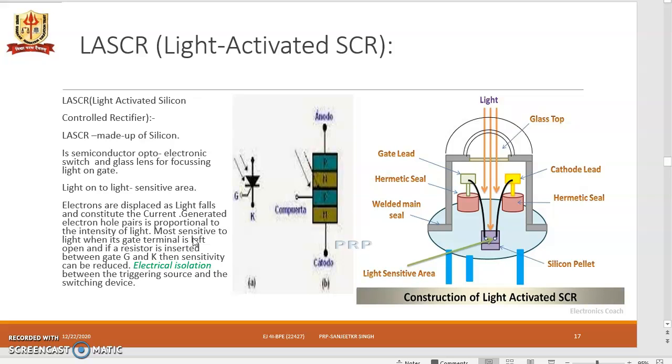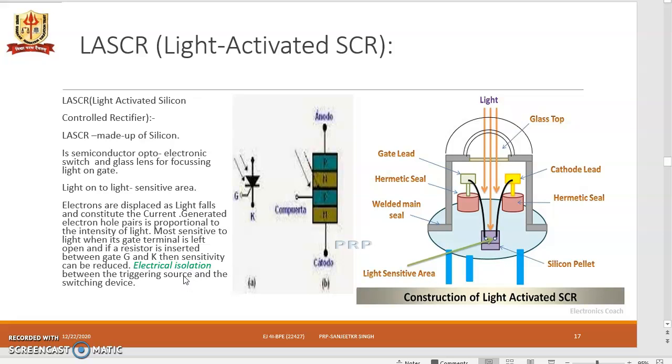It can be made more sensitive if we leave the gate terminal open and insert a small resistor between the gate and the cathode. If a small resistor is inserted, then the sensitivity of the silicon pellet, or the LASCR, can be increased. Now, what is the advantage?